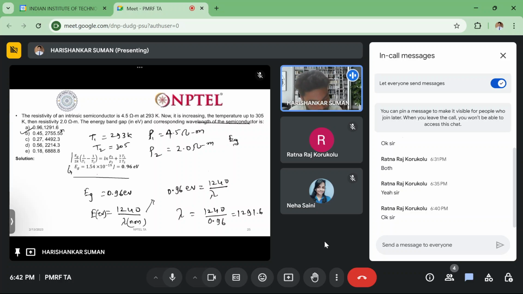So use this relation. You can easily find the band gap.